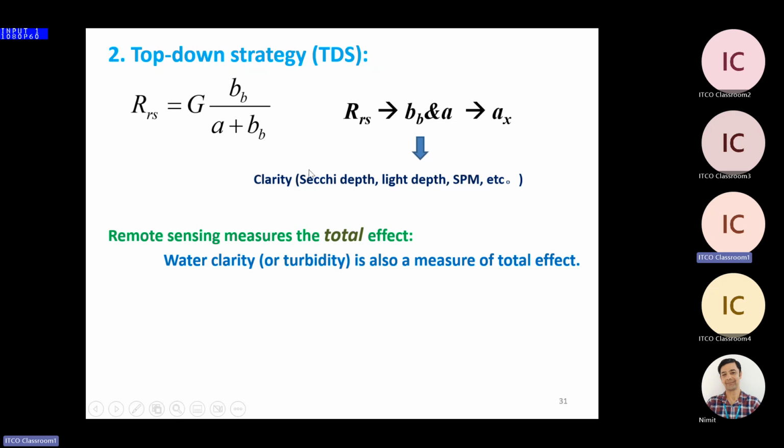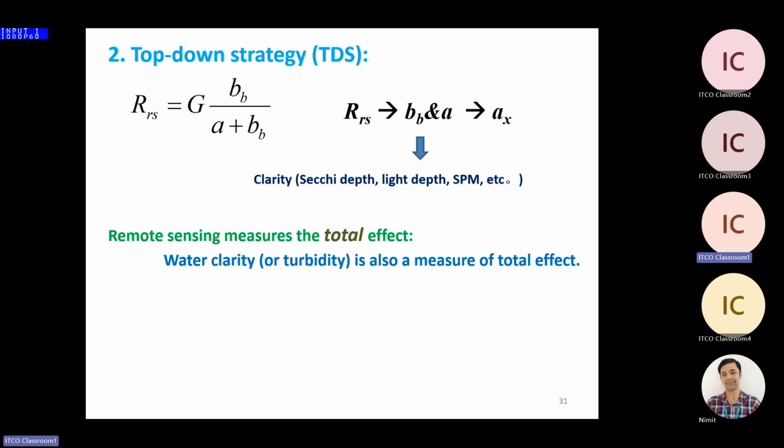That's also because remote sensing measures the total effect. For remote sensing, we don't see the contribution of phytoplankton directly. It's after we decompose it that we get the contribution of the phytoplankton and other things. Remote sensing measures the total water radiance or remote sensing reflectance. And others, like water clarity or turbidity, are also a measure of the total effect.